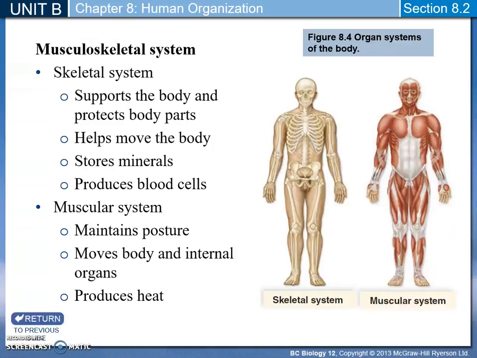They can be mobilized from bone. It also produces blood cells. The muscular system then maintains posture and moves the body and the internal organs and produces heat as well.